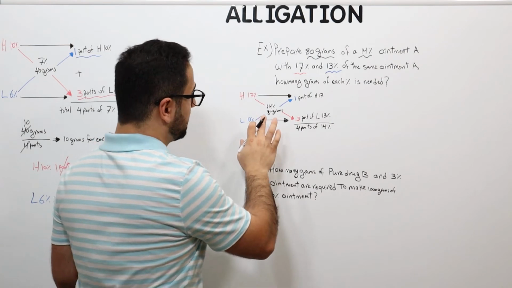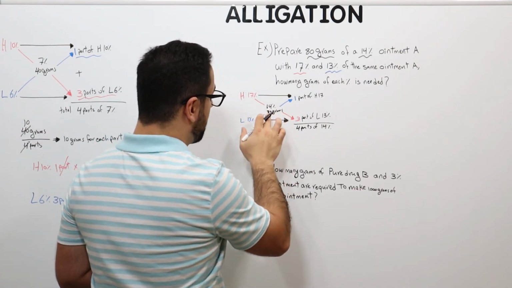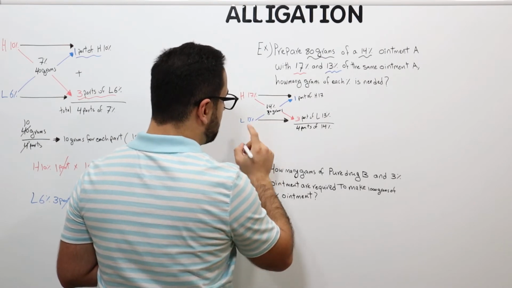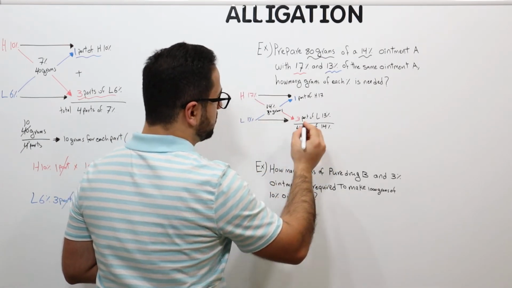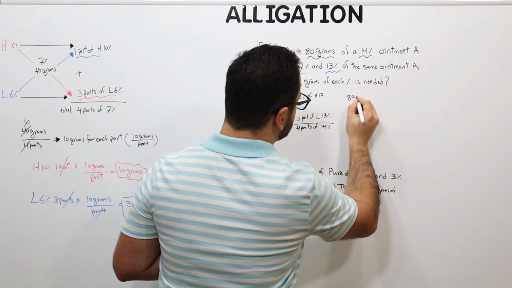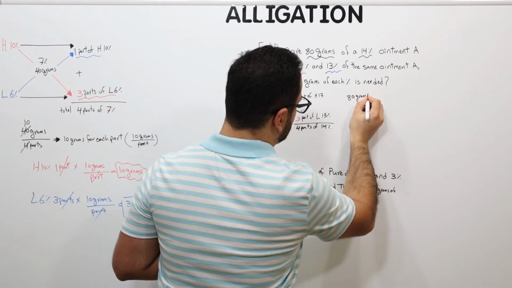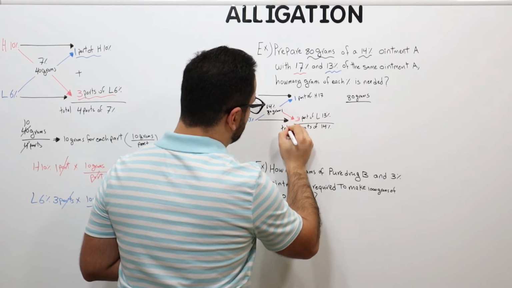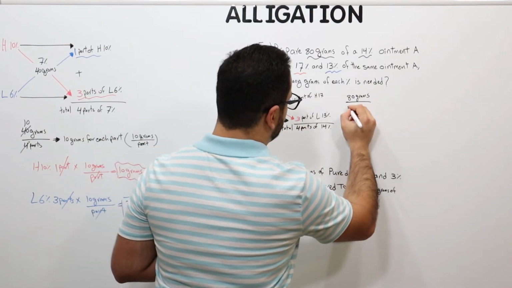What are we going to do? We're going to take the desired grams, which is 80 in this case. So 80 grams divided over the total number of parts, which is 4 parts.